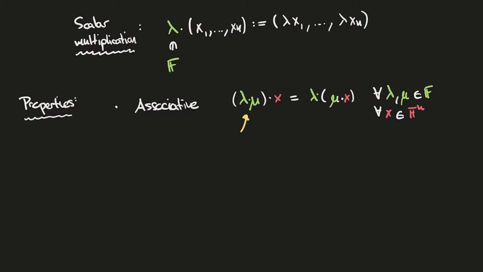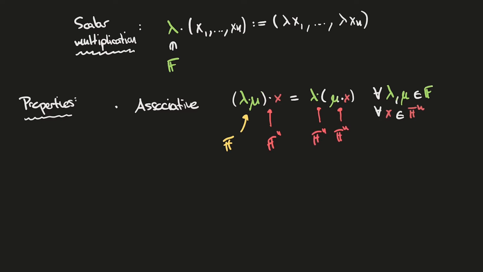And this means that this multiplication here is not a scalar multiplication, but actually multiplication in the field F, while the other operations, so this multiplication here is scalar multiplication in Fn, and this multiplication are also scalar multiplications in Fn.